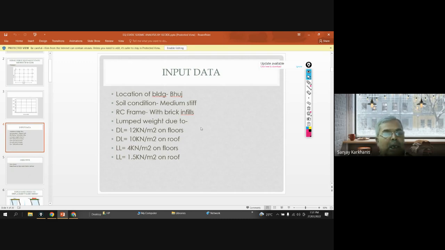But in actual practice, you will have to calculate 50% above in terms of superimposed dead load, 50% below. Then you have to add it in dead load. But for some simplification, we are finding out equivalent dead load and live load intensities that we are assuming on the floor. Clear?